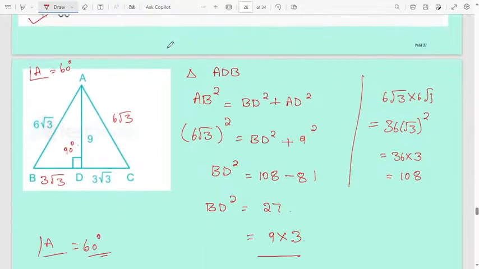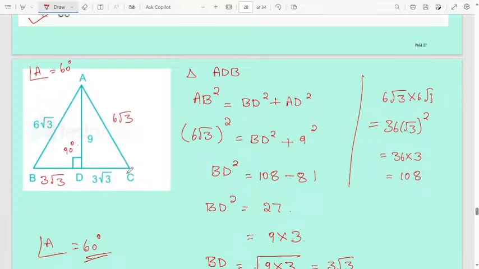But when we draw the diagram and apply the Pythagoras property, the right angle property, you will come to know this side length is 6 root 3. Then 3 plus 3 is 6, so 6 root 3, and again these two are equal, so this side will also be equal.